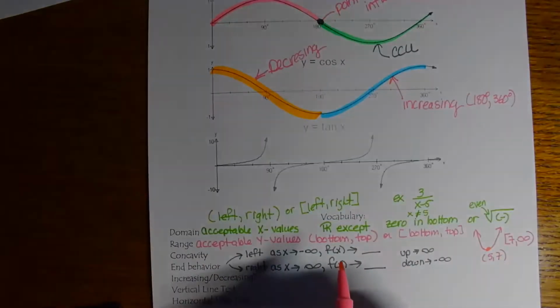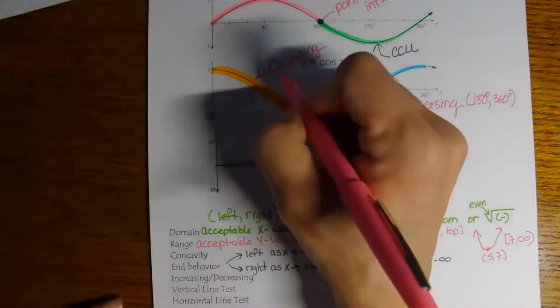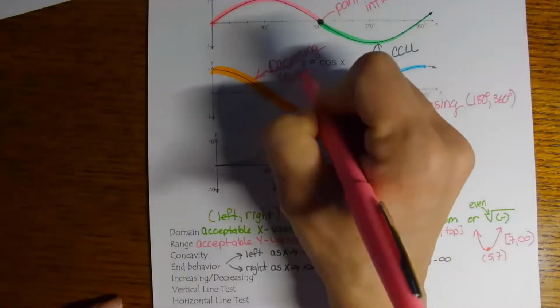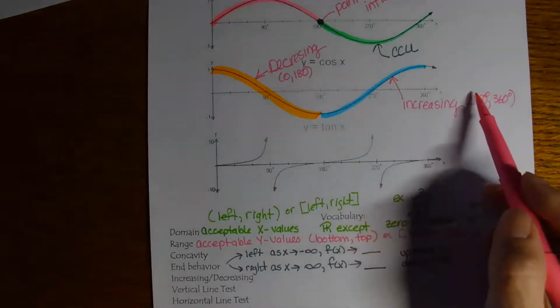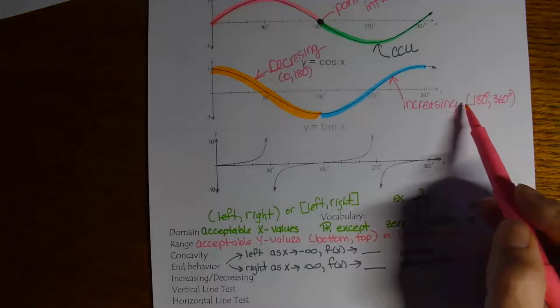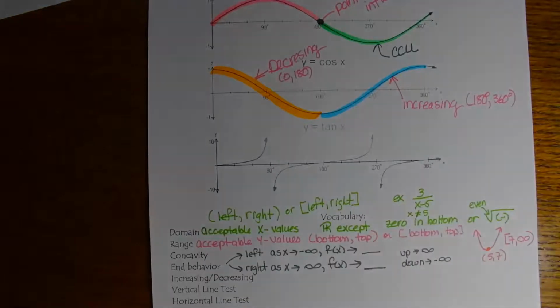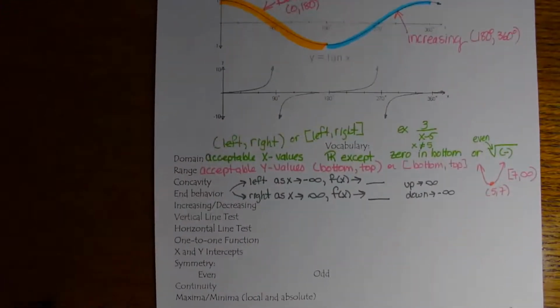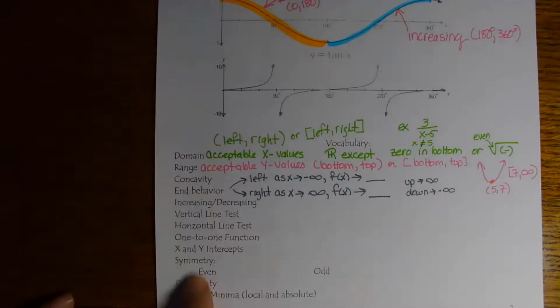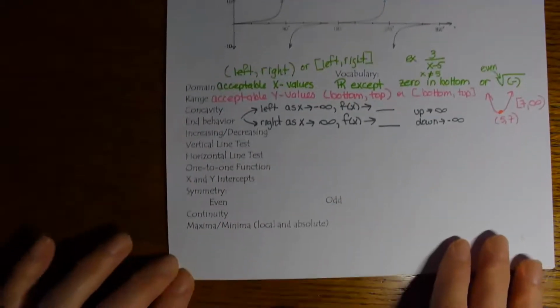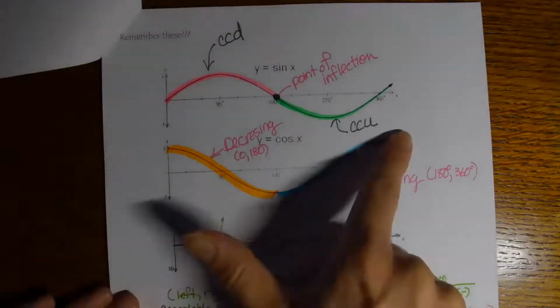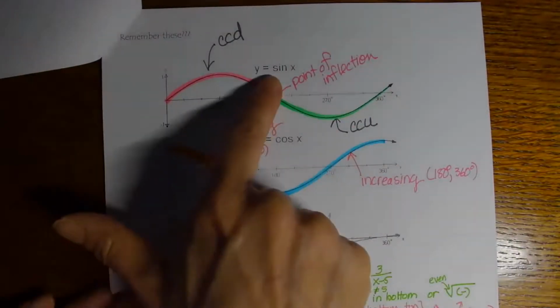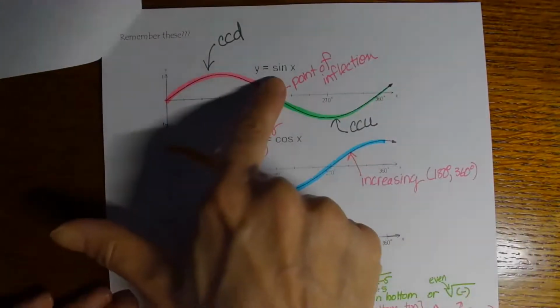This is decreasing from 0 to 180. Now, if it's an endpoint or something, we may have a bracket, and we'll get into the brackets in a minute. Okay, and again, this is just vocab, old vocabulary you're bringing in. Do these make sense? Decreasing, increasing, concave up, concave down, concave up.